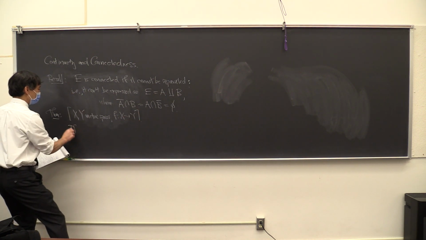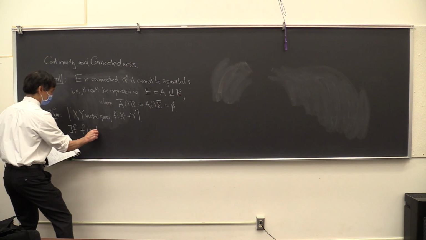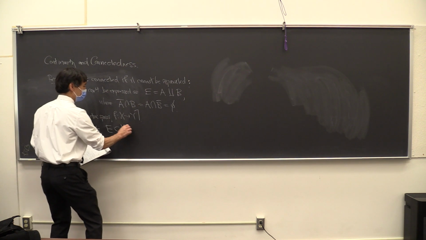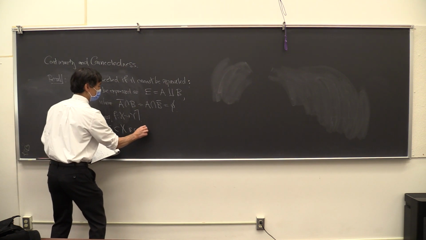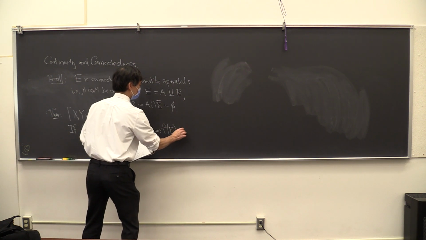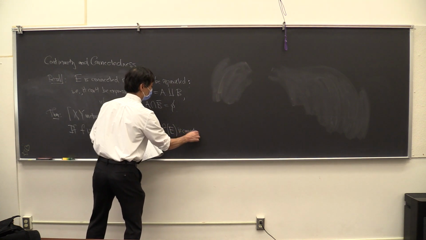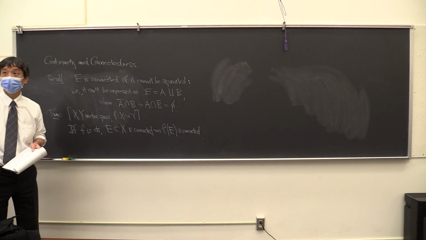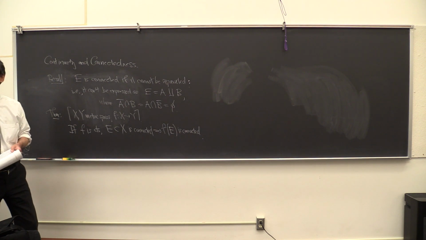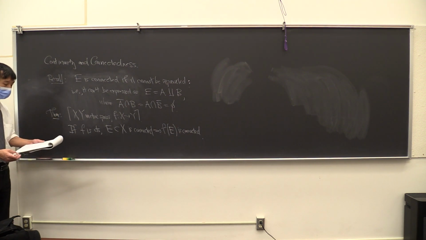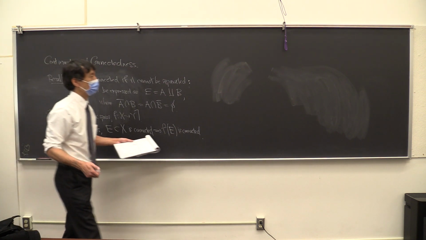The theorem says if f is continuous and the set E, a subset of X, is connected, then the image is connected. And as a corollary, we'll get the intermediate value theorem.